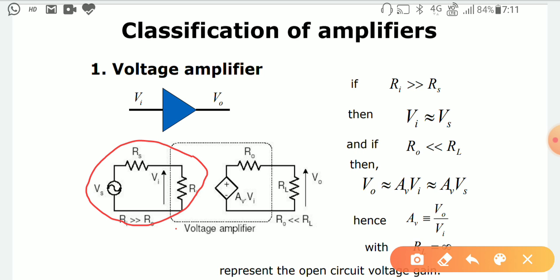So if Rs is very much less than Ri, that term can be neglected, and you conclude that Vi is nearly equal to Vs.